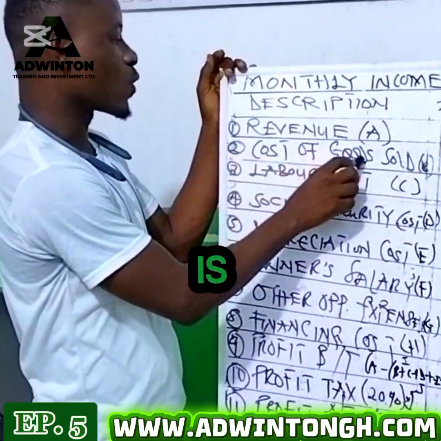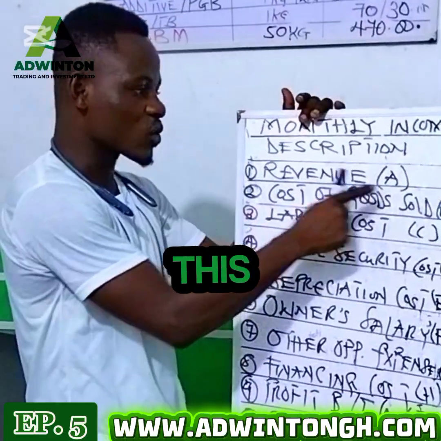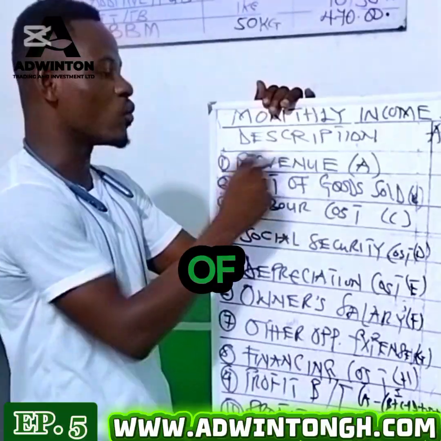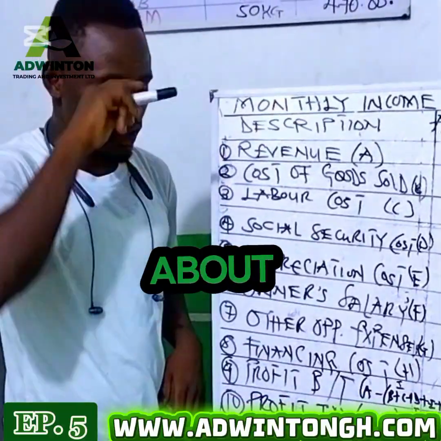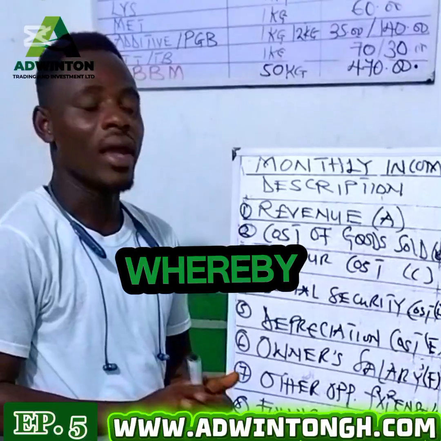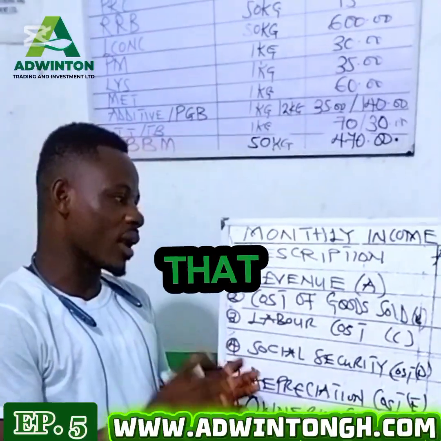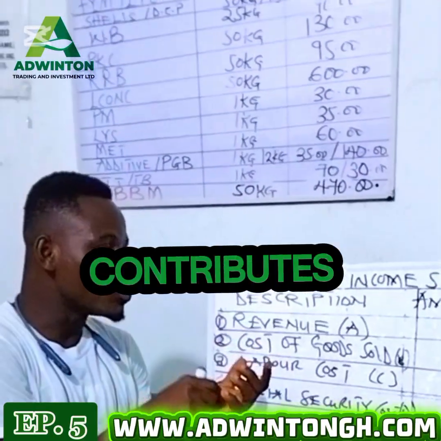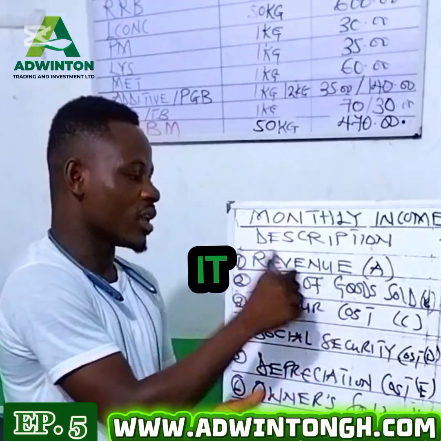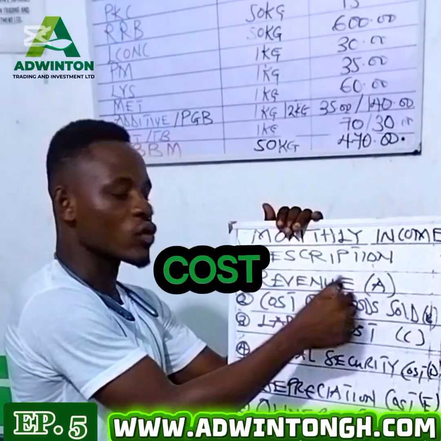Then the next one is cost of goods sold, and I think I already explained this last month. I cited an example whereby anything that contributes to the cost of the particular product that you are selling becomes the cost of goods sold.